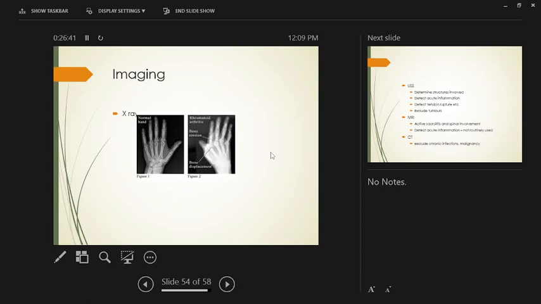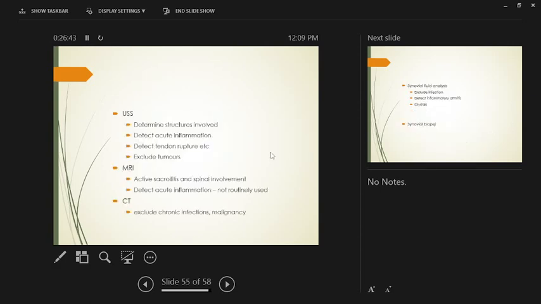So imaging is important, X-rays, but X-ray findings are later in the illness. In early arthritis, X-rays are not that useful. Ultrasound scan is used to determine the structures involved. Sometimes when we are not sure which structures are involved, then we can use that, and also to detect acute inflammation.